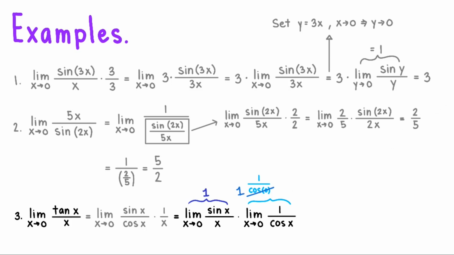Am I right? Yeah, it is equal to 1. And so we'll have this to be equal to 1. And since this is a real value, we know that this is indeed the limit for this one. And so we have here 1 times 1, or simply equal to 1.